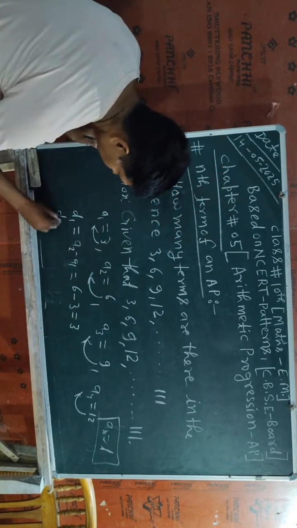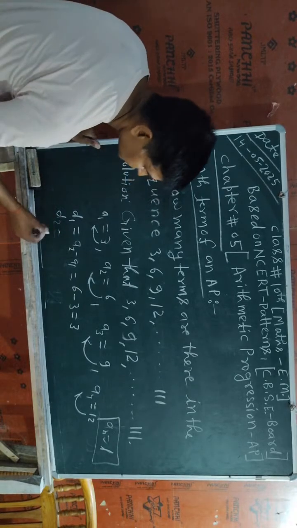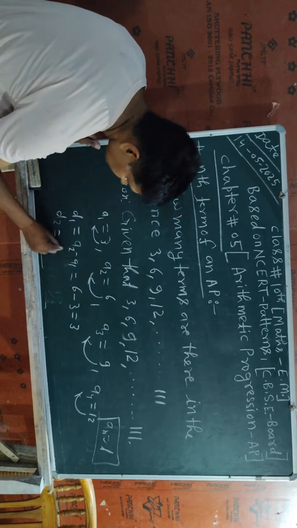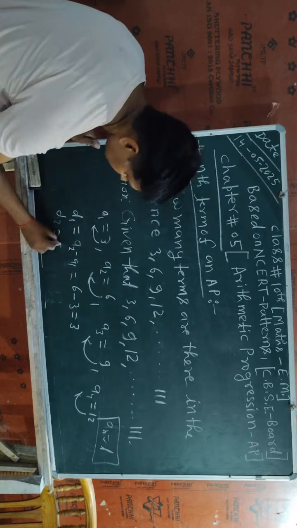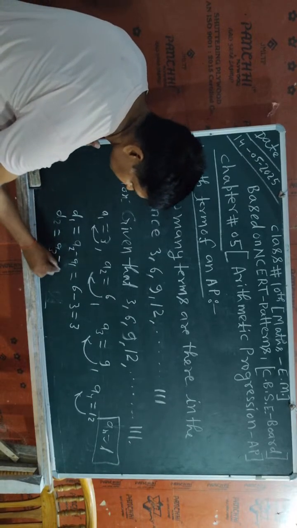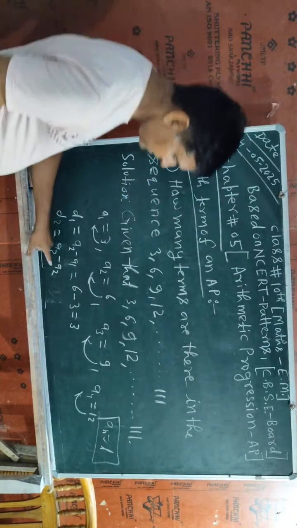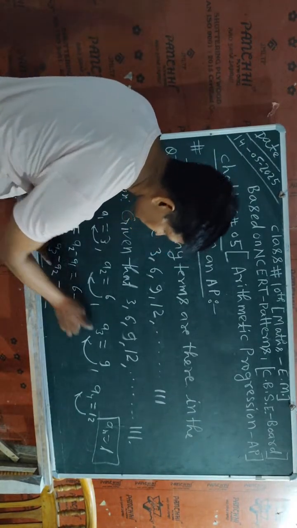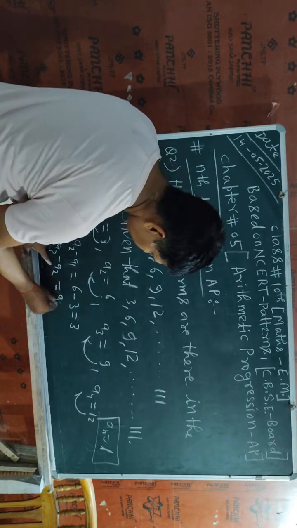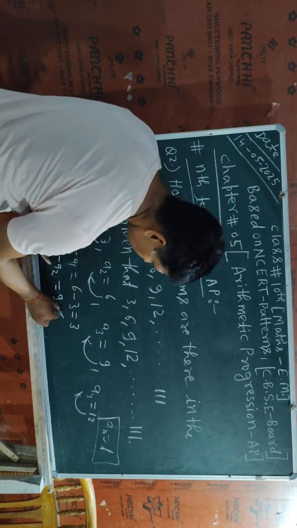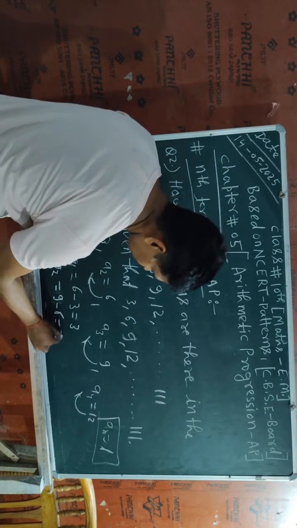Similarly, I will get the value of d2, which is written as a3 minus a2. The value of a3 is 9 and the value of a2 is 6. So 9 minus 6 will be 3.